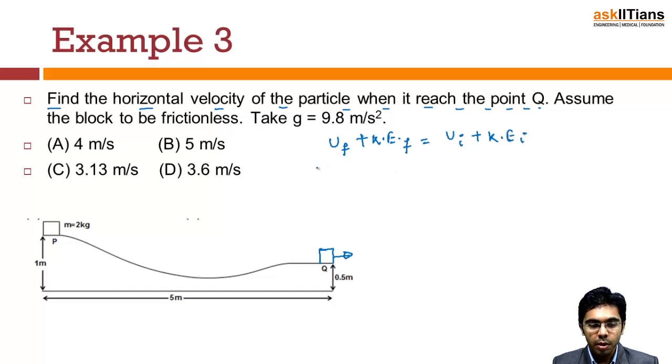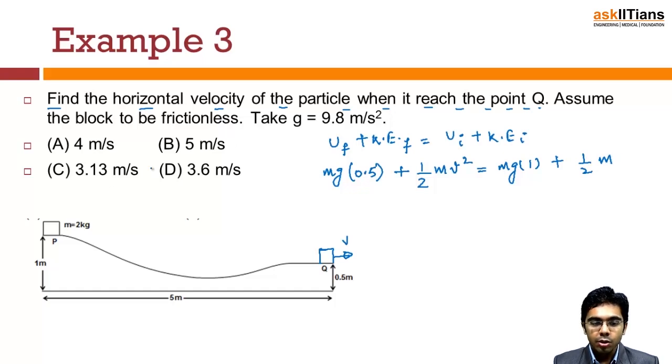The final potential energy will be mg times 0.5, plus the final kinetic energy, half m v squared, where v is the velocity of the block at this point, is equal to the initial potential energy, mg times 1, because the height is 1, and the initial kinetic energy is half m v squared, but there is no velocity of the block initially, so v is 0 at this point.